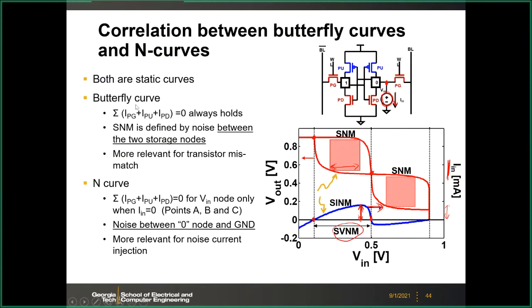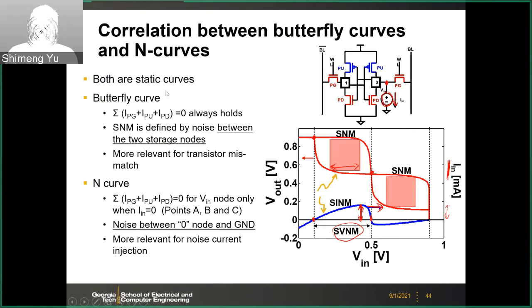Okay, to summarize, both are static curves. For the butterfly curve, those three currents from those three transistors to this node will always be zero. This is always true. So here, the static noise margin is defined as noise between two storage nodes. So this is more relevant to the transistor mismatch, VTH mismatch.